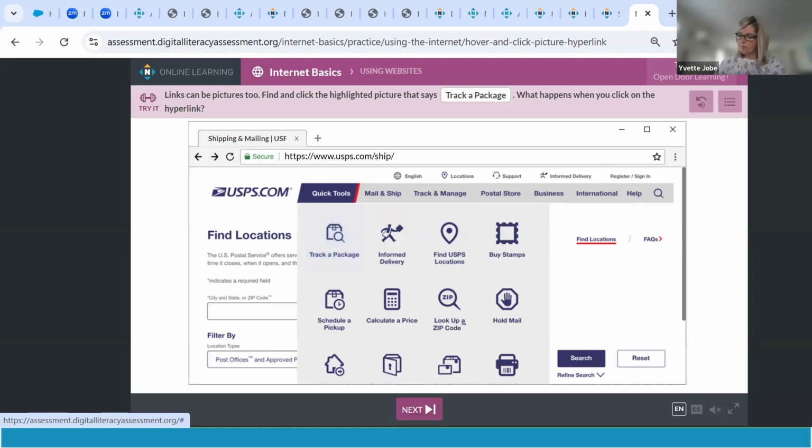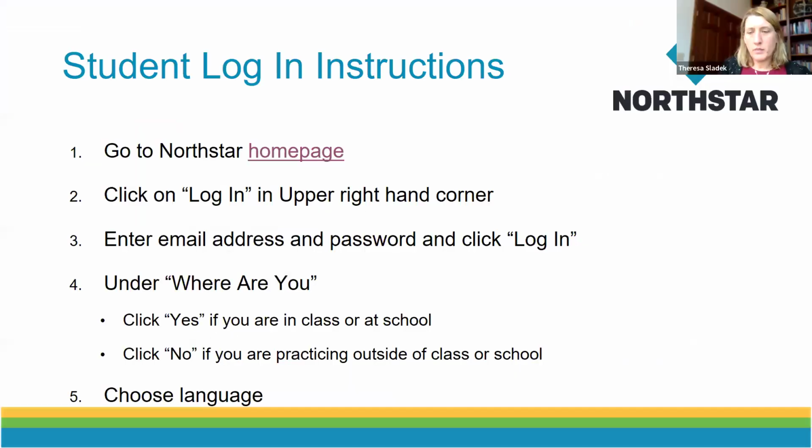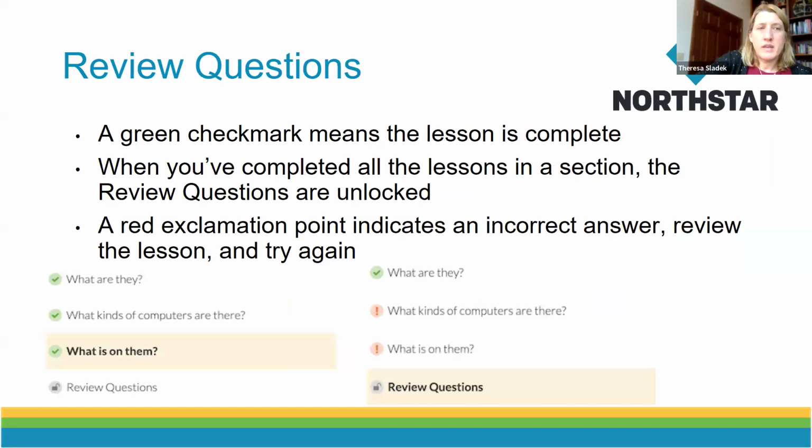Gotcha. Good question. So what she's talking about is when in the review question, see over here on the right-hand side of the bottom part of my screen, the green check means they got the question right. The kind of red-orange exclamation point means they got it wrong. Yes, so that's what that means.